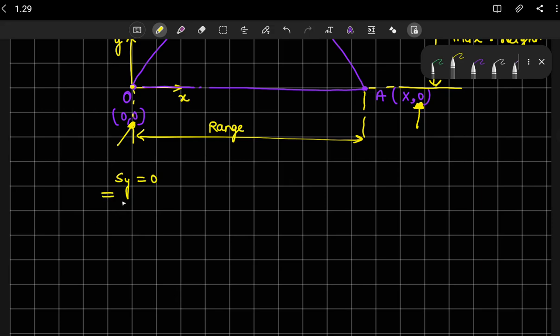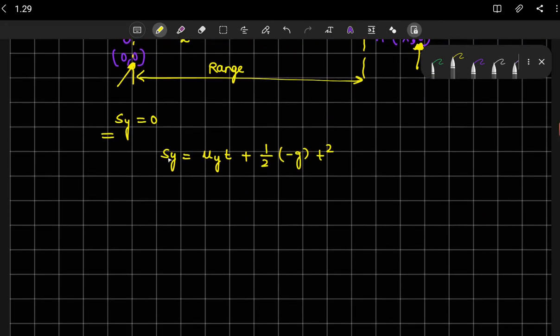If we apply the equation of motion in the y direction, then Sy is equal to the initial velocity in the y direction into t plus half into acceleration, which is in the negative y direction, so minus g into t square. As the displacement is equal to 0, we can write 0 is equal to v0 sin alpha into t minus g t square by 2.